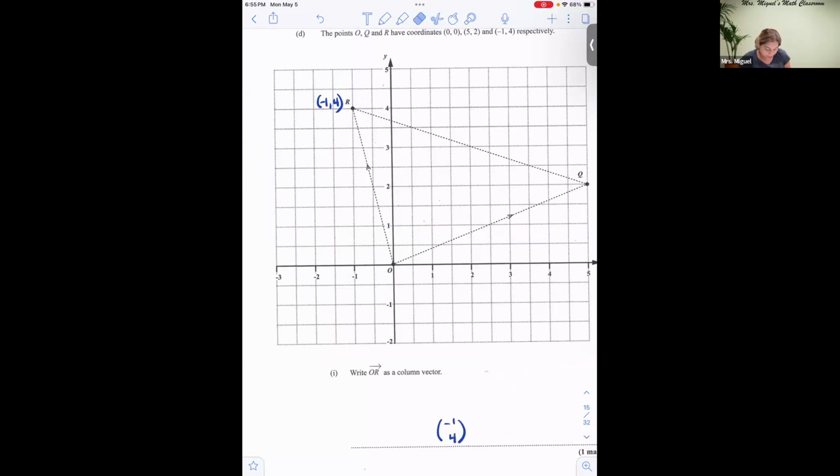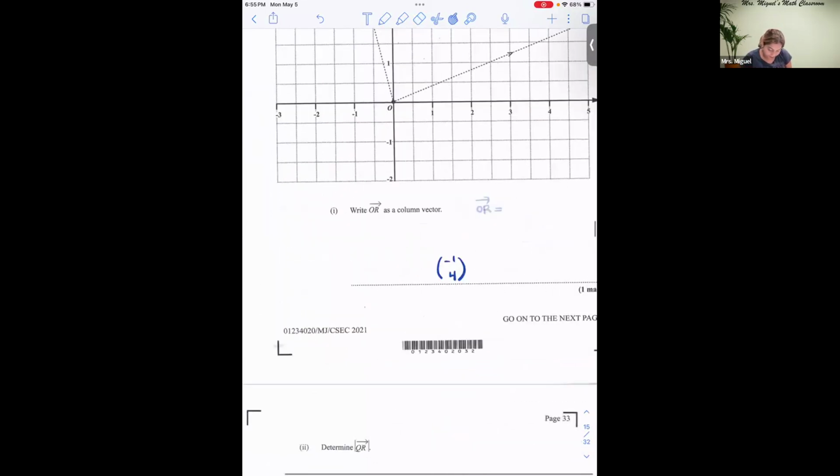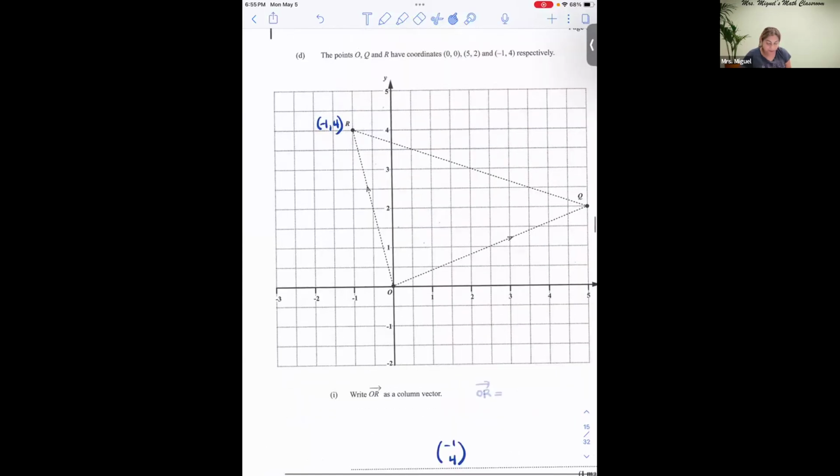And the last part of this question was to find QR. So we want to find the vector QR, and Q has coordinates 5, 2.